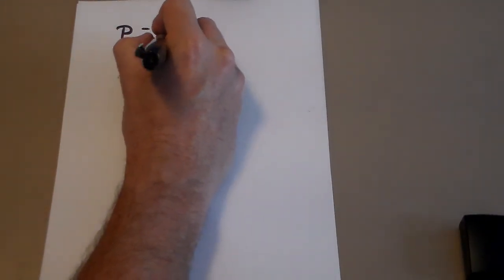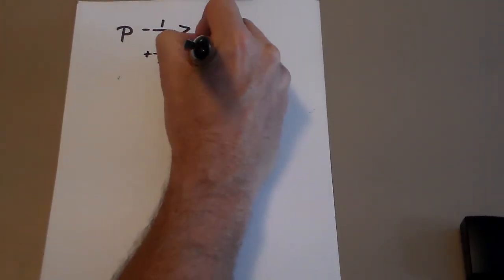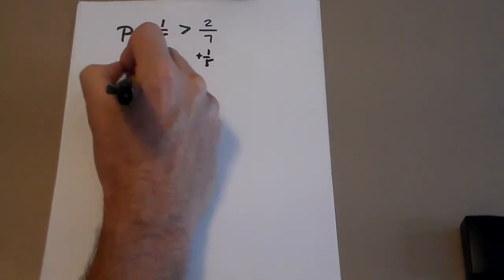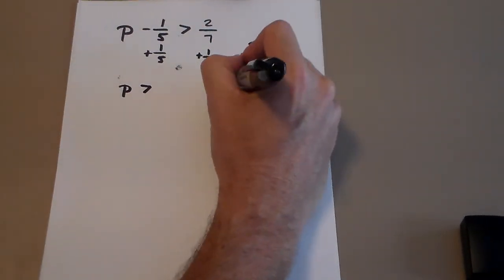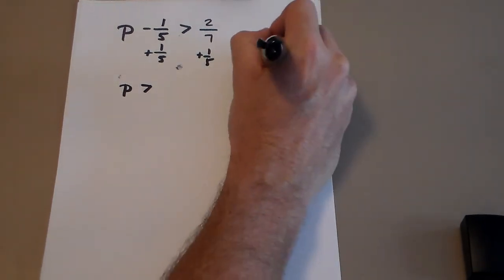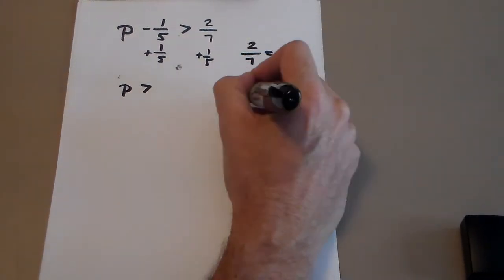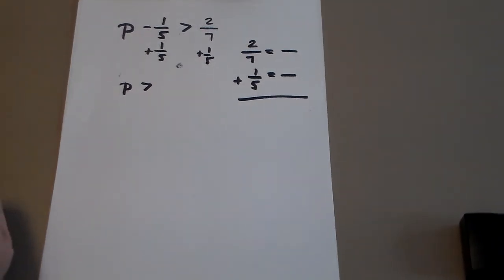So what do I have to do here? Well, I've got to add 1/5, add 1/5. P is greater than, well, 2/7 and 1/5 do not have the same denominator. So I have to make them have the same denominator, because I can't say 2/7 plus 1/5 is 3/12.